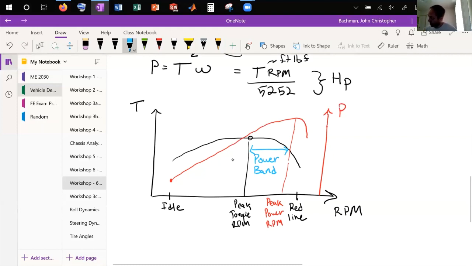So this is peak power. This was our peak power. Down here was our peak torque. And if these are scaled in different ways, these can go up and down relative to each other.